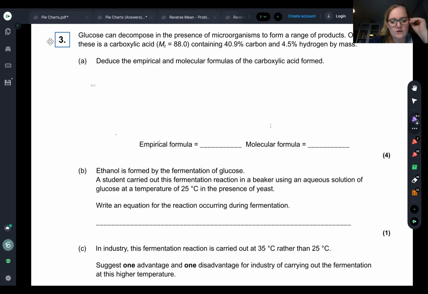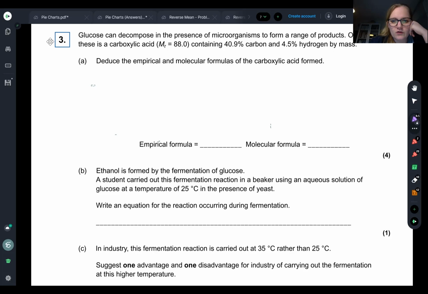We need to know our empirical formula and then our molecular formula, so we're going to deduce the empirical and molecular formulas of the carboxylic acid formed. We're starting with glucose, C6H12O6. First, we're going to get our percentage of oxygen by mass.